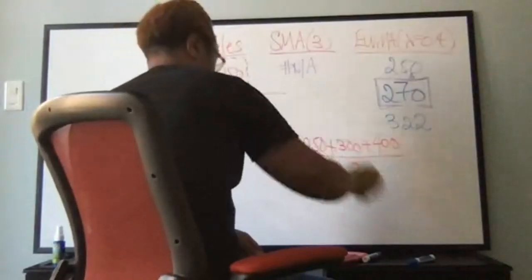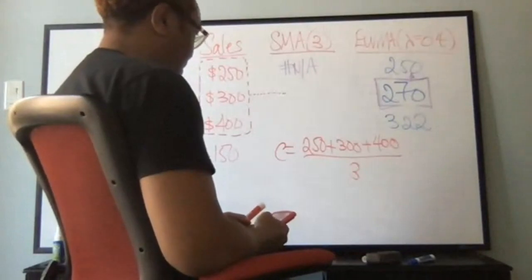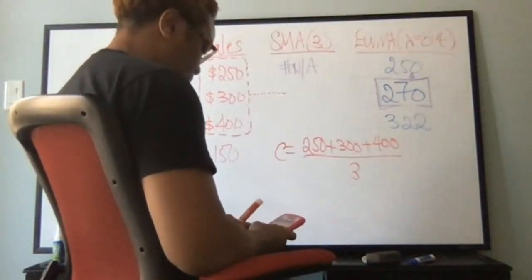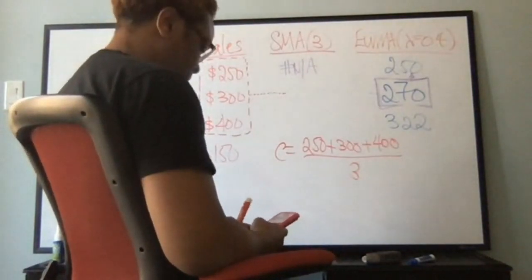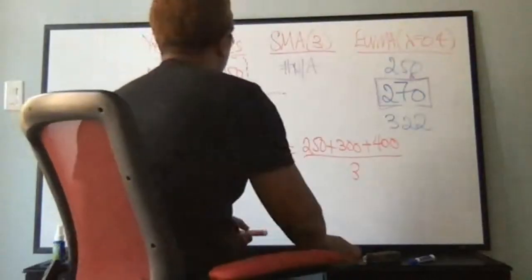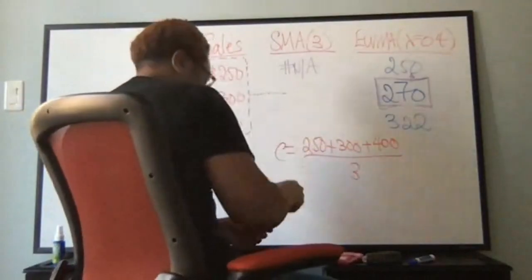I got 370. Okay, I'm getting 316. Wait a minute, I could be wrong. Let me see. 250 plus 300 plus 400. Okay, I'm getting 316. Do it one more time. I'm getting 316. Okay, I got 360 now. I think I put in the first number wrong the first time.